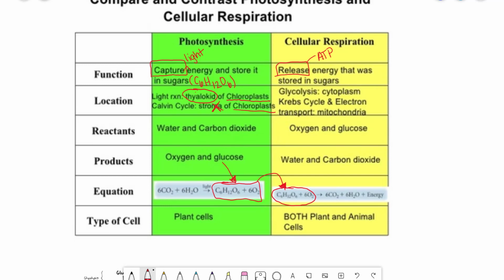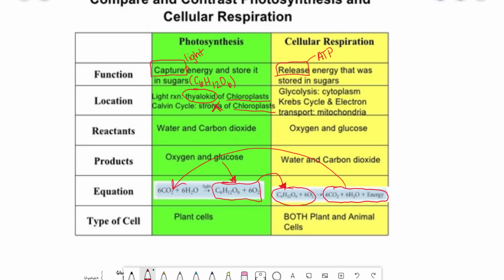Okay? Then if you look here, the products of cellular respiration are the reactants of photosynthesis. So they're essentially the opposite of each other. One is storing energy, one is releasing energy.